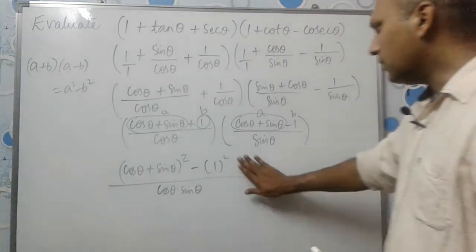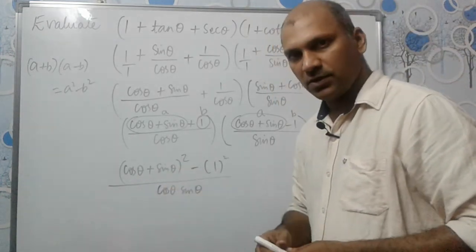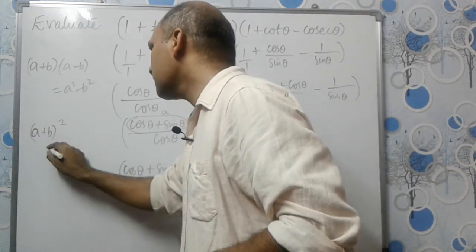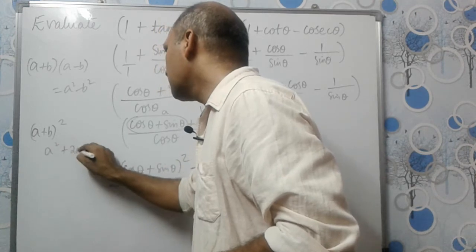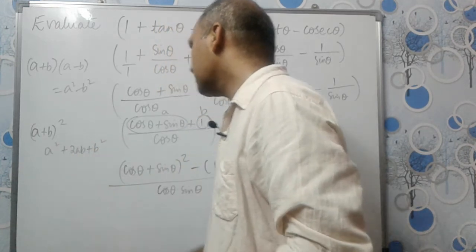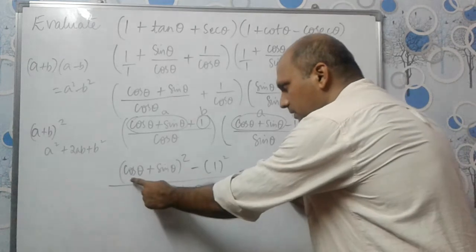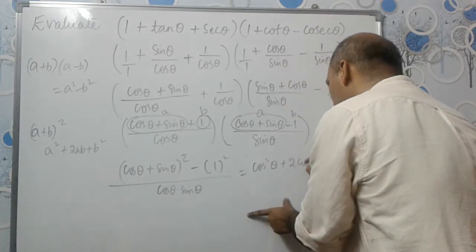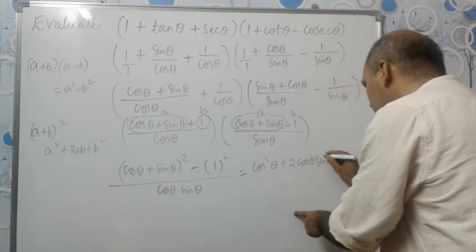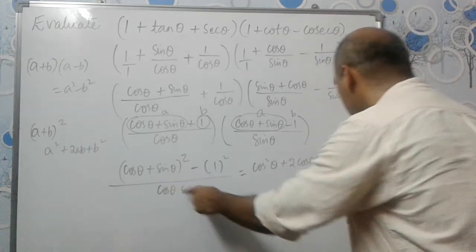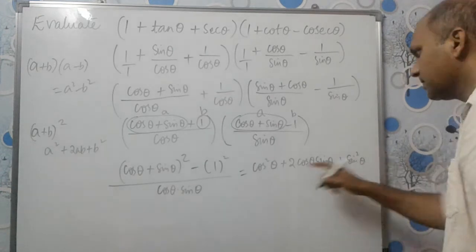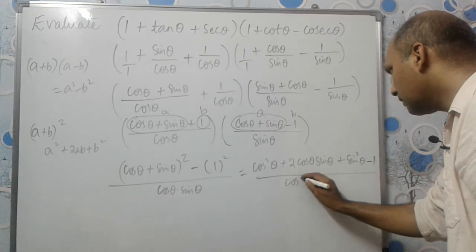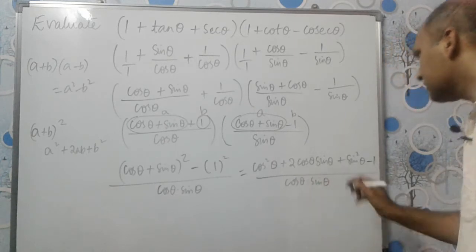Now let us expand this using the A plus B whole square formula. A plus B whole square is equal to A square plus 2AB plus B square. So this will be cos square plus 2 cos theta multiplied by sin theta plus sin square theta. We have minus 1 divided by cos theta multiplied by sin theta.